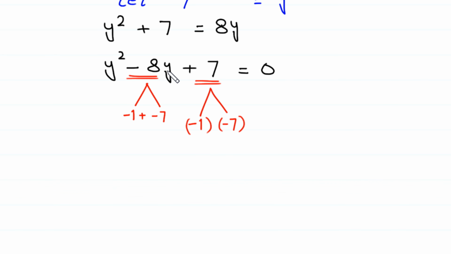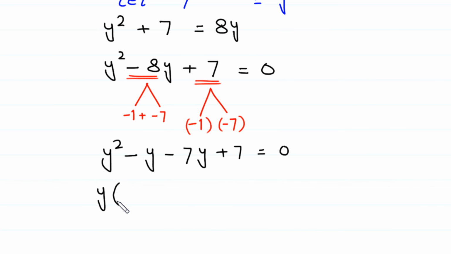So we can write this equation as y square minus 1y minus 7y plus 7 is equal to 0. Next, from these two terms we can take y as common, and in bracket we get y minus 1.